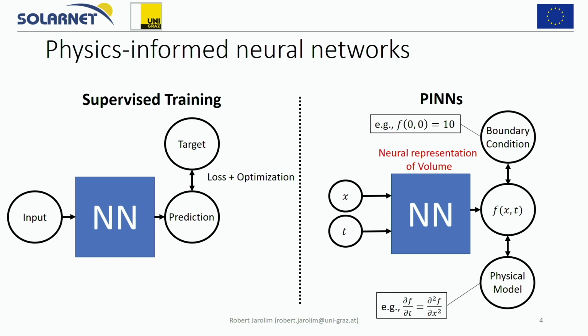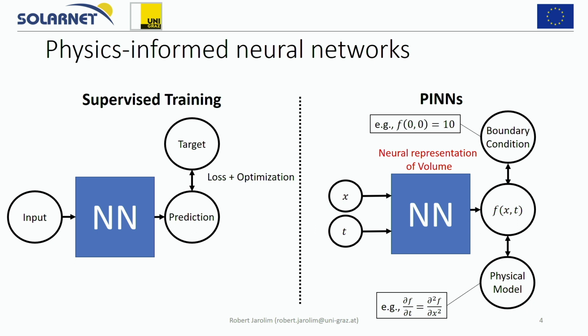But on the other hand, we can also use a physical model and use basically physical equations for every other point in the simulations. We can just put random points through our neural network and then enforce physical equations. What you can see down here is a partial differential equation.